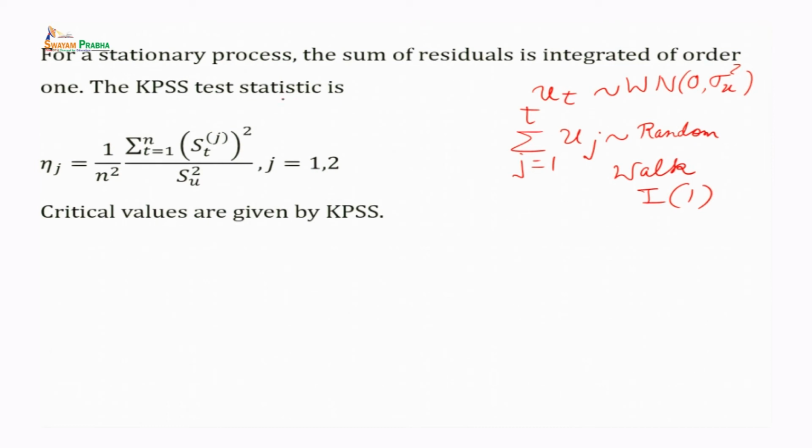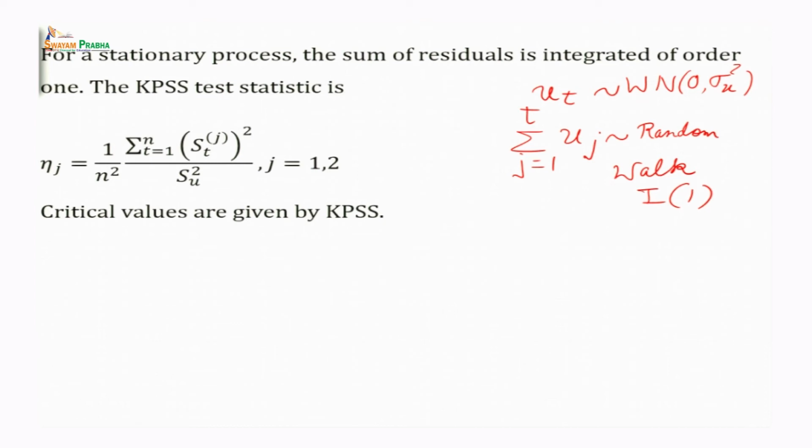Then the KPSS test statistic is eta_j equal to 1 upon n square summation t equal to 1 to n S_t^j square upon s square u. For j equal to 1, eta 1 is the test statistic when you do not take a trend term in your model, and j equal to 2 means you are taking the trend term in your model.